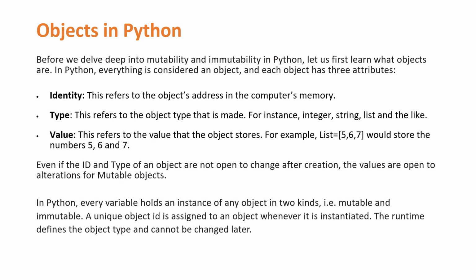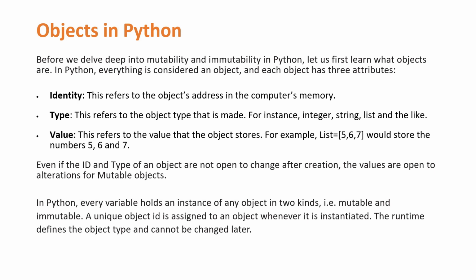Type is identified by the runtime environment when the object data is initialized. Coming to the value, whenever a value is assigned, it is created with the object and stored in memory. These values can be changeable, sometimes cannot be changeable, based on the data type of the object.